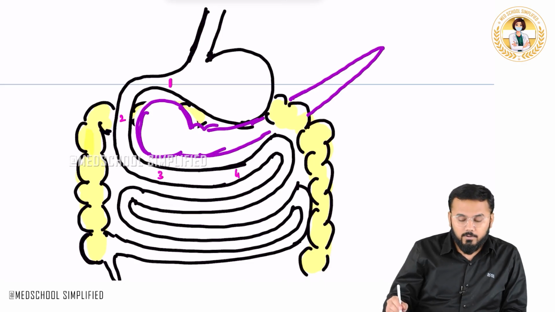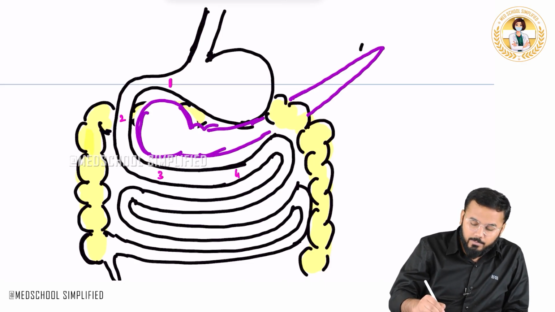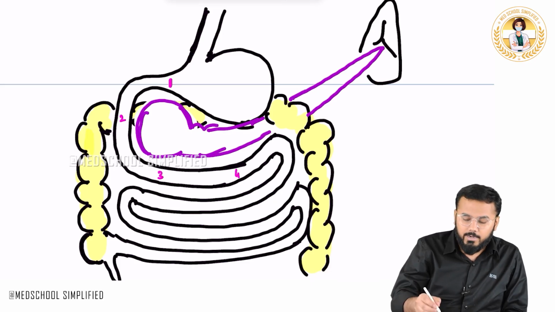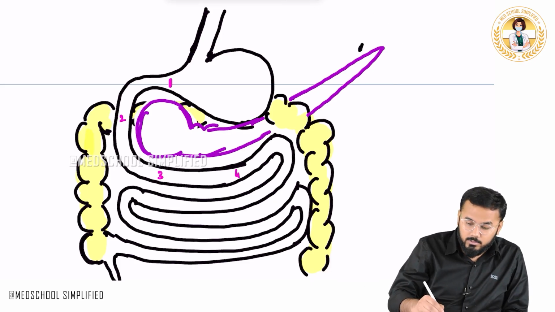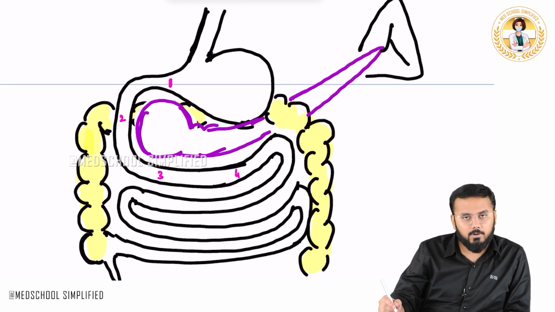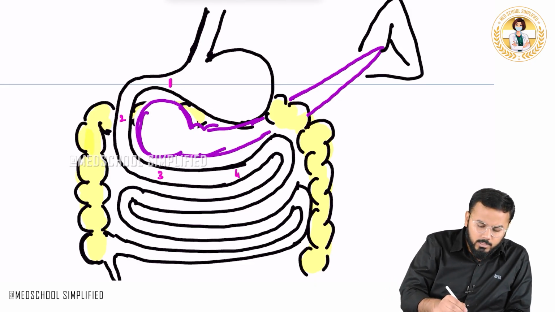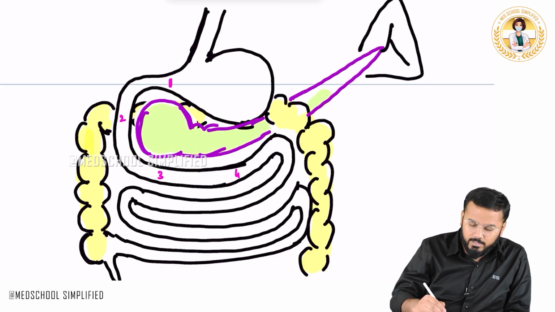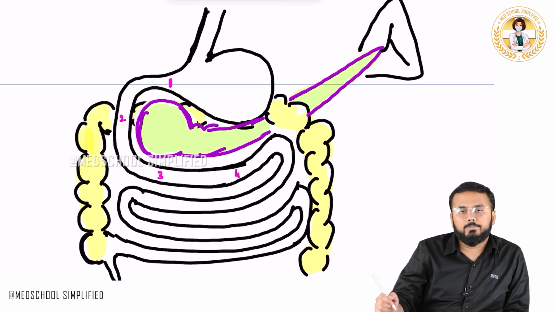The hilum is the center part of the spleen. To avoid confusion, let me highlight this also. You can see very clearly that the pancreas is touching the hilum of the spleen.